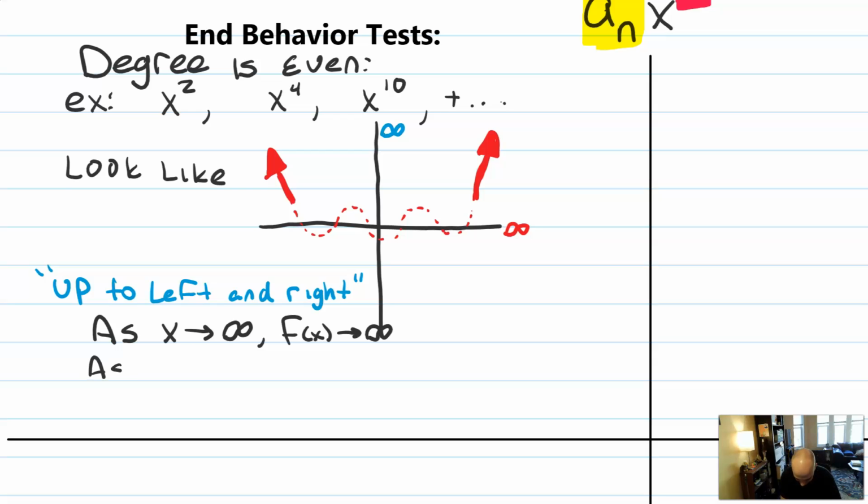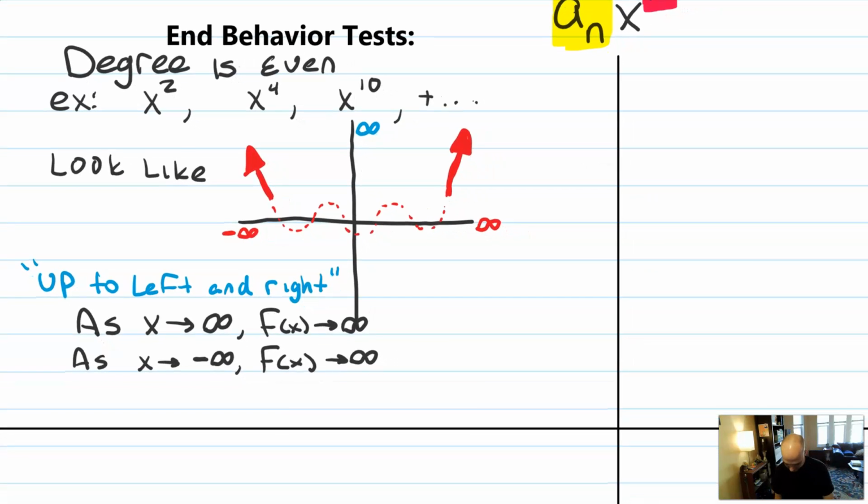And as x approaches negative infinity, that is over here on the x-axis, f of x, i.e. the y values, also approach infinity. That's what happens if your degree is even and you have a positive leading coefficient.